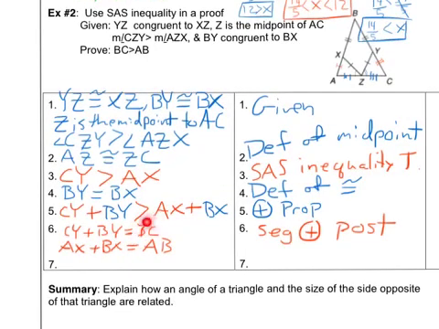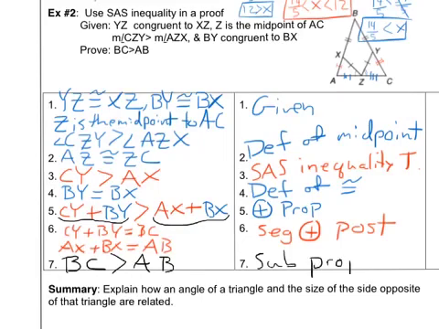Well, if BC is equal to CY plus BY, I can substitute it in for this guy here. So I can say, hey, BC substitutes in for that thing. And AX plus BX we know is equal to AB, so I can substitute in AB here, and I have BC is greater than AB, and I just use the substitution property. And that's what I was trying to prove. BC is greater than AB.